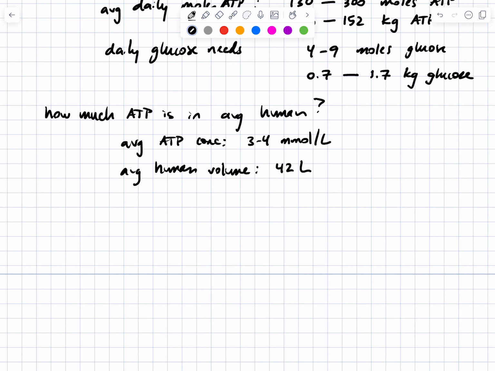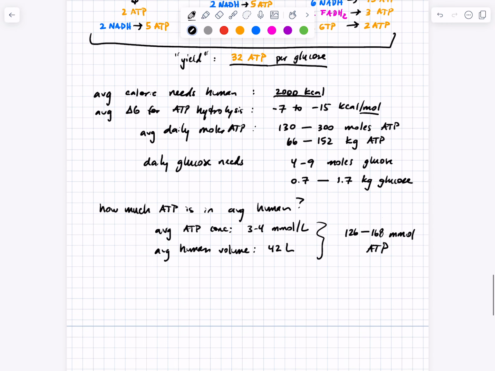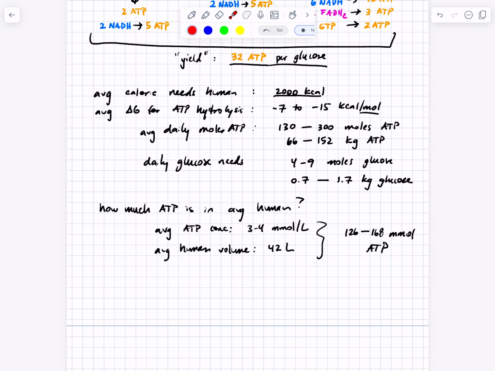So that means you have somewhere between 126 to 168 millimoles of ATP. So now do the math. You need to process 130 to 300 moles of ATP, but you only have 126 to 168 millimoles.